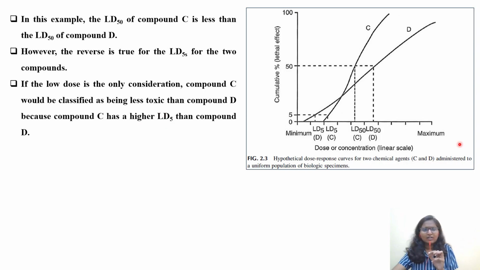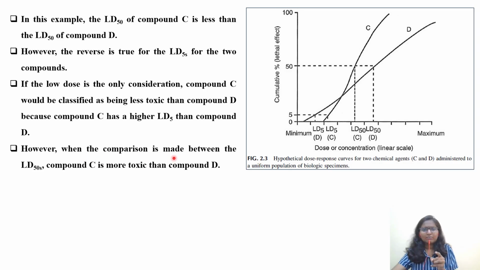However, when the comparison is made between LD50s, compound C is more toxic than compound D. If you are comparing LD5s, compound C will be classified as being less toxic. Okay, C is less toxic than D by LD5, but by LD50 C is more toxic than D.